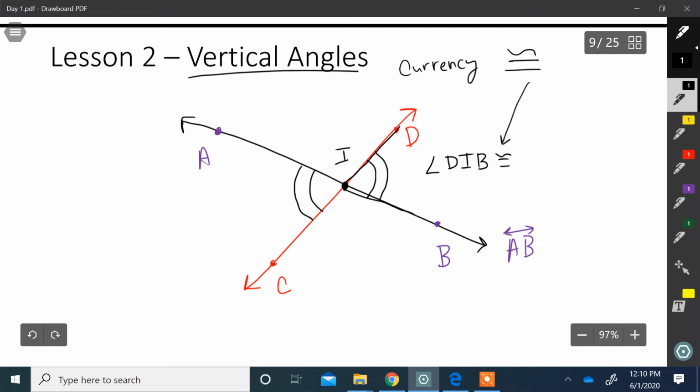Congruency means that they're congruent, but they measure the same. So if this is 60, this will also be 60 as well.